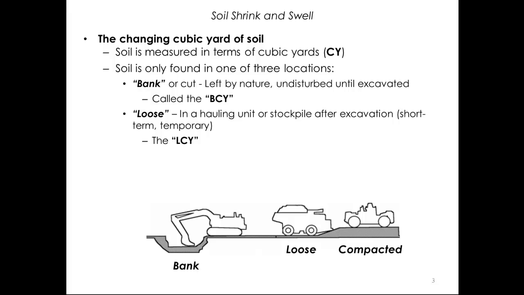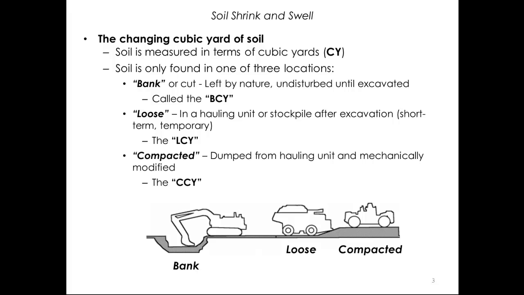Soils in this condition, after being excavated, are called LCYs, or loose cubic yards. This would also apply to soils that were excavated and temporarily stockpiled for later use. The last of our three locations is soil that has been placed in a fill area and compacted. As you might expect, this is called a CCY, compacted cubic yard.